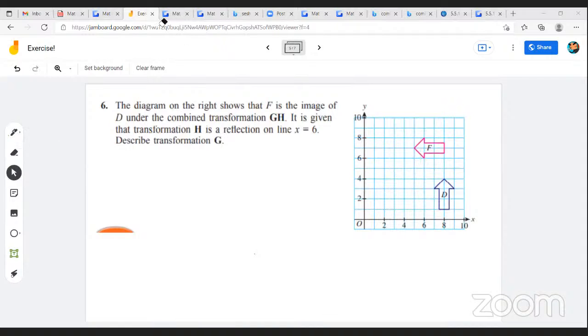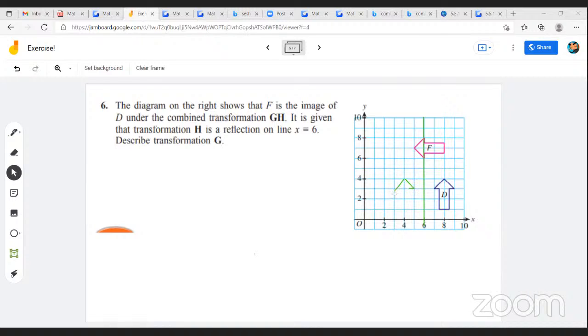So, okay, with that in mind, give me a quick second. So now we have line x equals 6, which is over here. We'll have a reflection on line x equals 6, which means that from D, remember D is the object, the initial object, and it reflects to here.